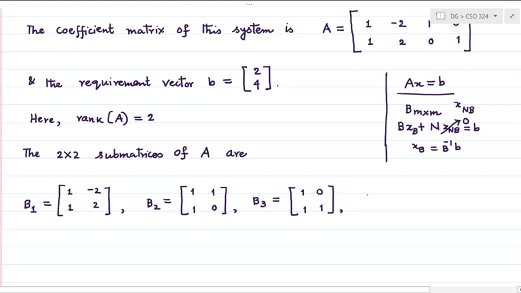Then B4: the second column with the third column, since the first column with the second is already taken in B1.